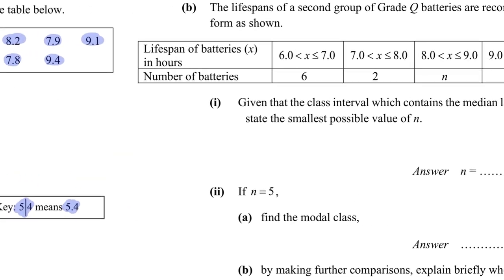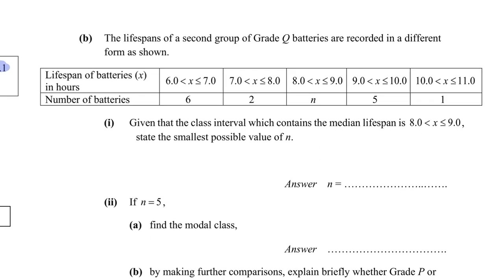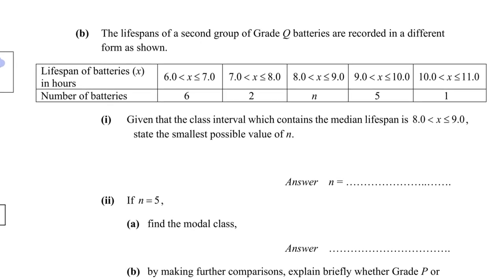Part B. We are now given the lifespan of grade Q batteries in this table. And in this table, let me just quickly explain, we can see that there are 6 batteries where the lifespan is between 6 hours and 7 hours. 2 batteries, lifespan is between 7 and 8.